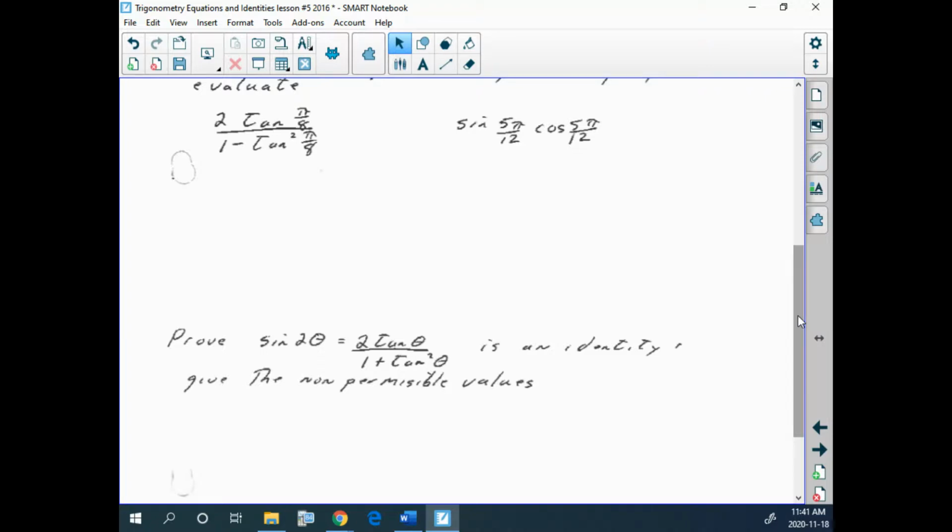We require both the columns with one. So when I do my thing to just one plus tangent squared, we can plug that in.